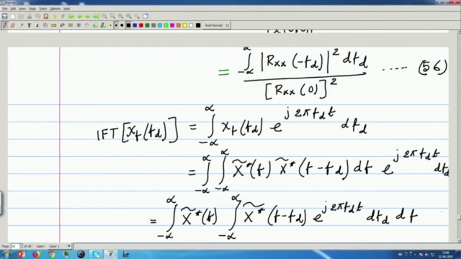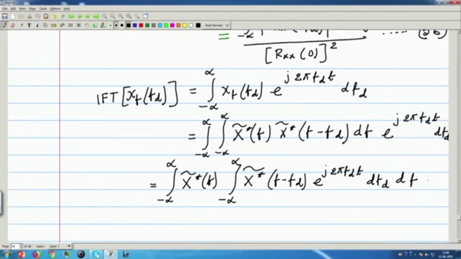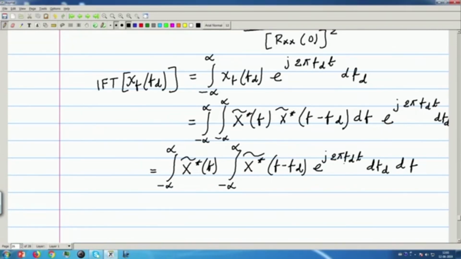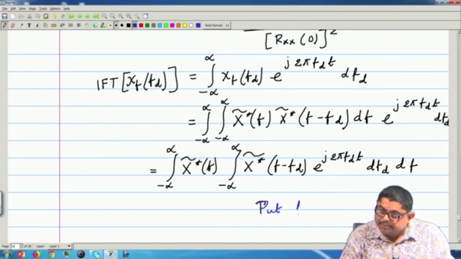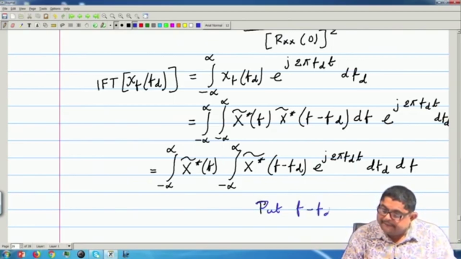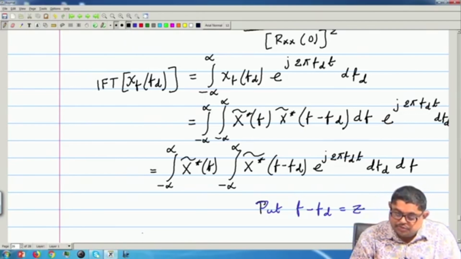Now, we will have to put a change of variable. So, df has come here. Now, change of variable, put f minus f d equal to, let us say, z.